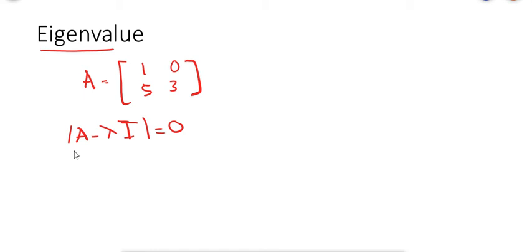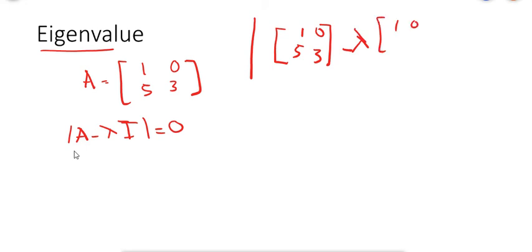We say that the determinant of A, [1, 0; 5, 3], minus lambda multiplied by the identity [1, 0; 0, 1], is equal to 0.